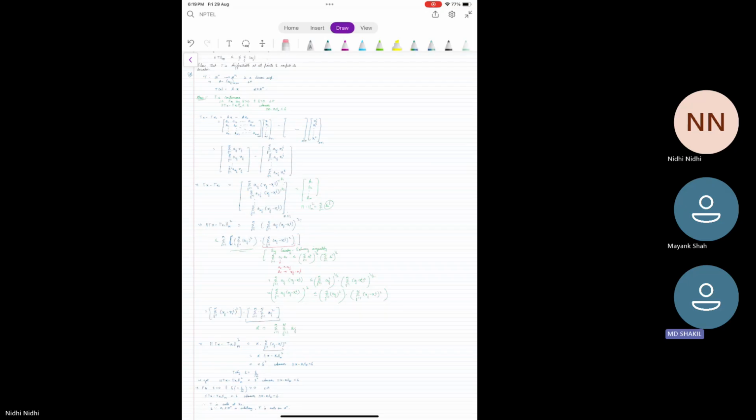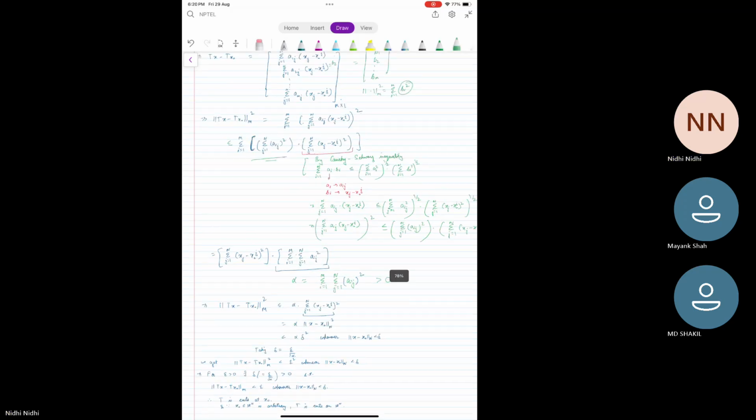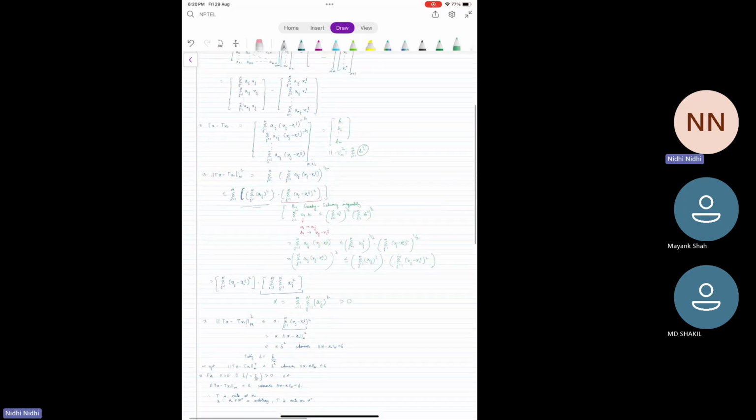Ma'am, the value of alpha should be strictly greater than zero, no? Yeah, it will be. No, it need not be positive. Yeah, because this is a square, no? Okay, this is a square, so this will be positive. Yeah, only if T is a non-zero linear transformation.